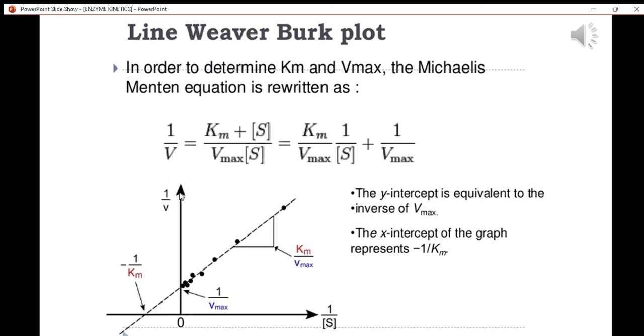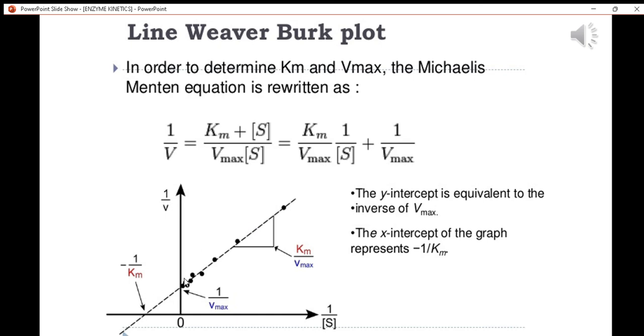Why do we do it? In the earlier rectangular hyperbola plot of the equation, I told you it is very difficult to pinpoint Vmax exactly. Since it is a hyperbola, we cannot exactly measure the Vmax. There is the application of this LB plot. You can see here the graph is a straight line, intercepting the y-axis.